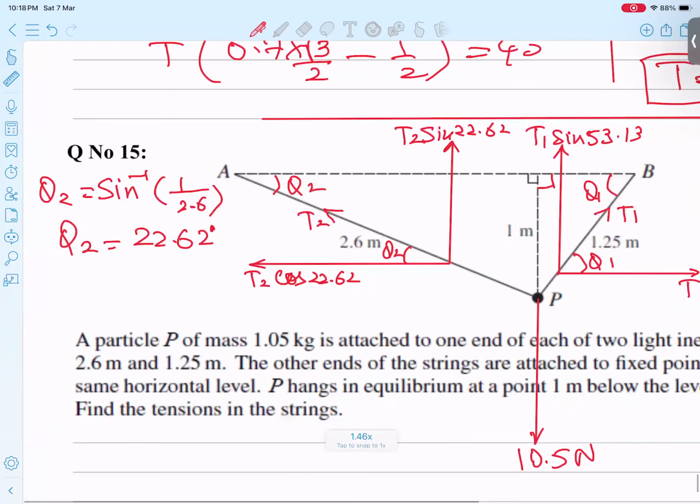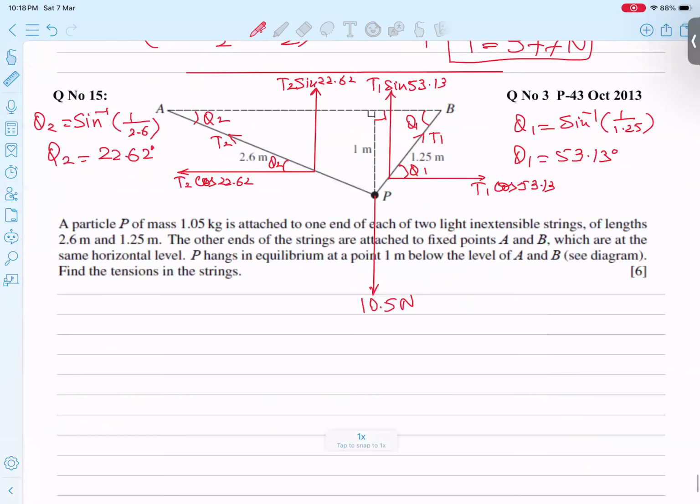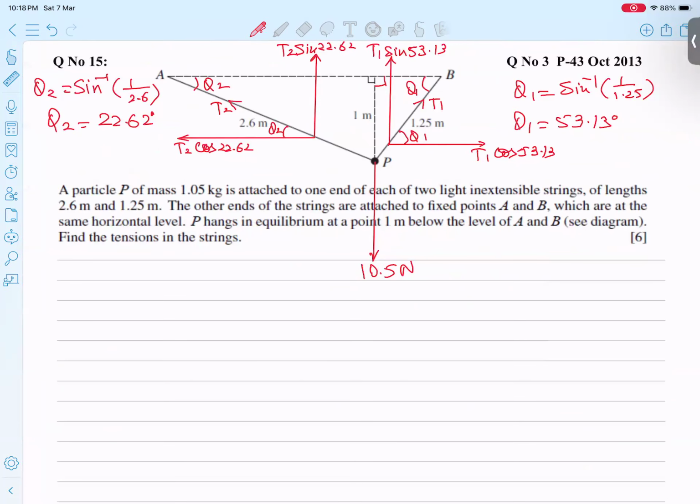Now students, I can make two equations and solve them simultaneously. One: right side force equals left side force, and two: upward equals downward. First of all, these two forces are equal to each other. So T1 cos 53.13 equals T2 cos 22.62.